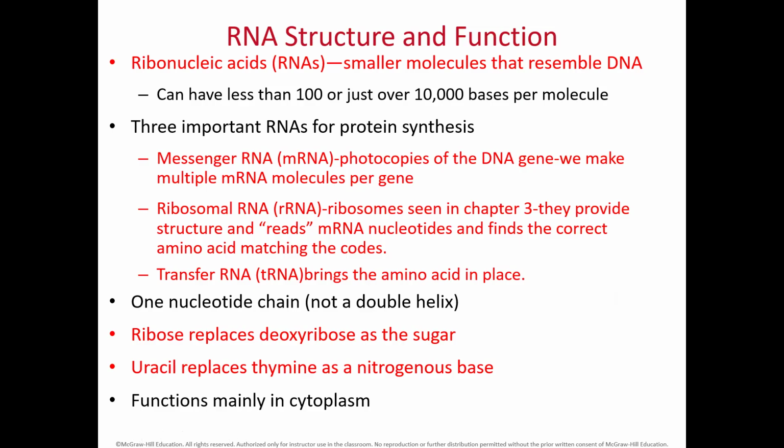AUG is our start codon. Once we have AUG, the messenger RNA has its starting point. Ribosomal RNA binds to that photocopy. Then transfer RNA brings the methionine in place that matches AUG. Perfect, now we have a perfect match.